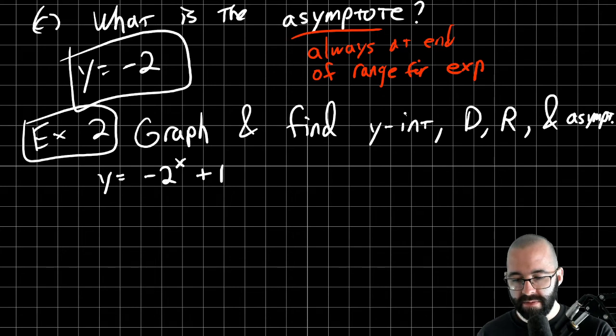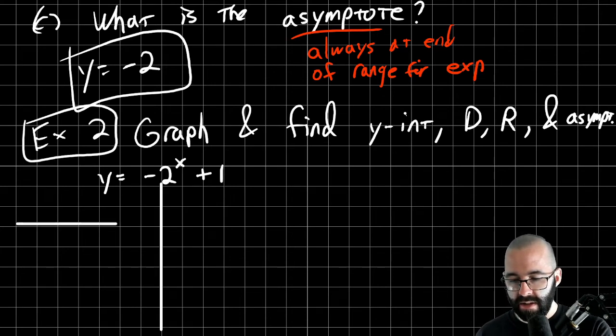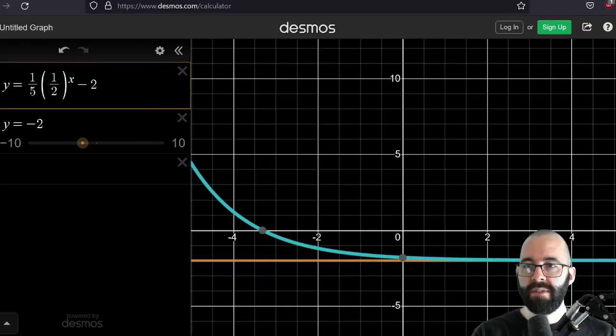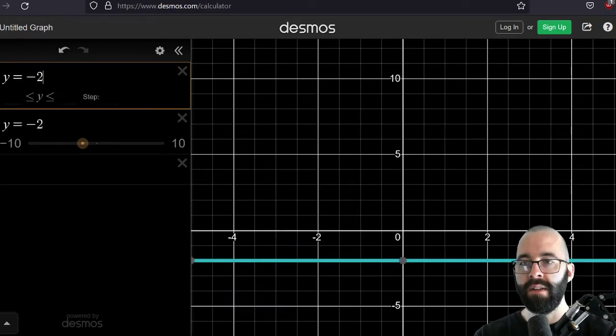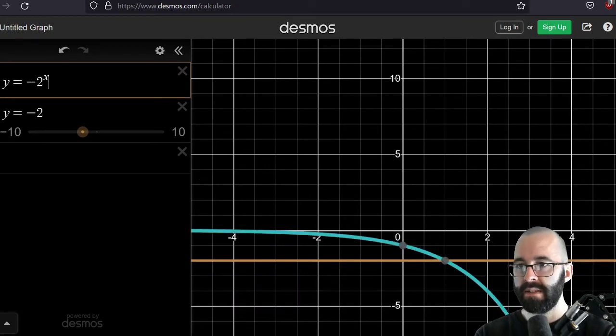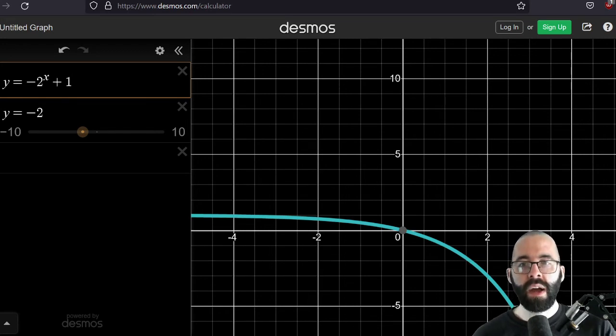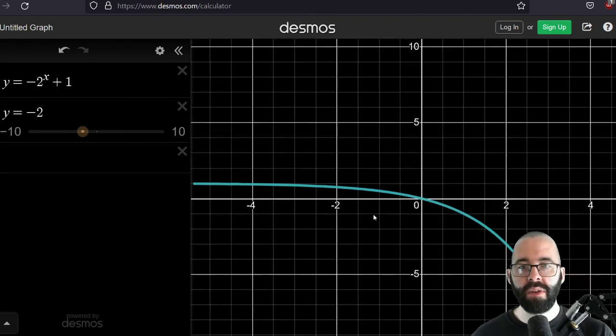All right, so let's get our coordinate plane and let's graph it. -2 to the x plus 1 looks like this. So right off the bat, one of the easiest ways to graph an exponential function is if you know the asymptote.